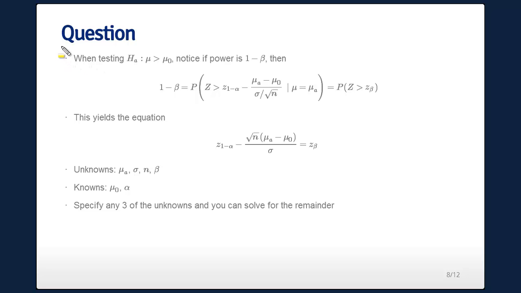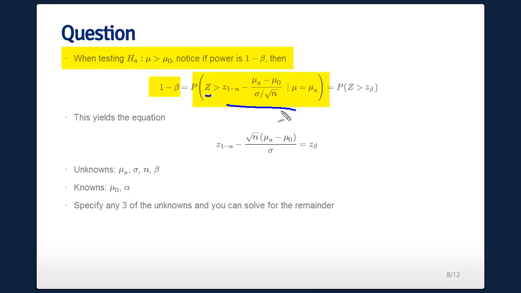So when you're testing, again, we're still looking at this one directional hypothesis test to make things conceptually simple. Our power, 1 minus beta, is the probability of rejecting when calculated under the alternative, and we showed that it's equal to this, where a standard normal is bigger than Z minus that quantity, and that's the same thing as the probability Z being bigger than Z beta.